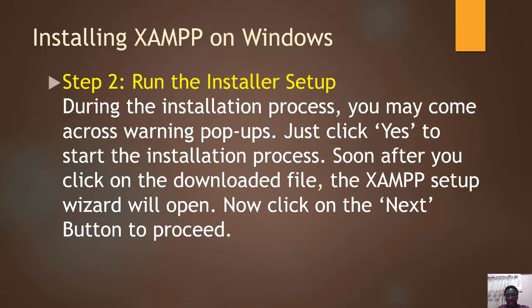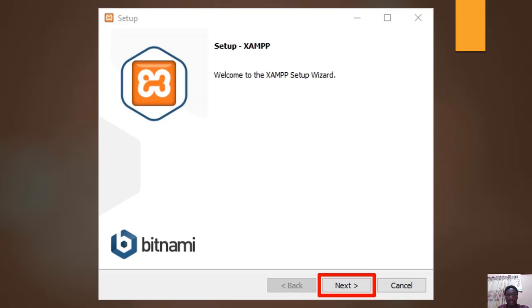Then you will see a next button, and something like this. It welcomes you to the XAMPP setup wizard. You should see this, and then you just click on next.